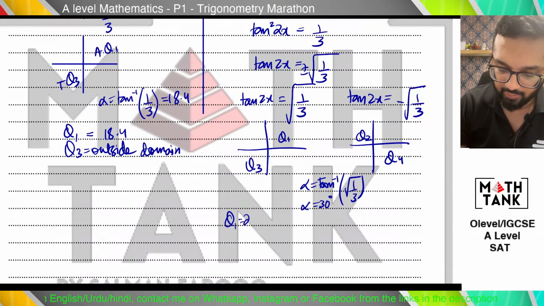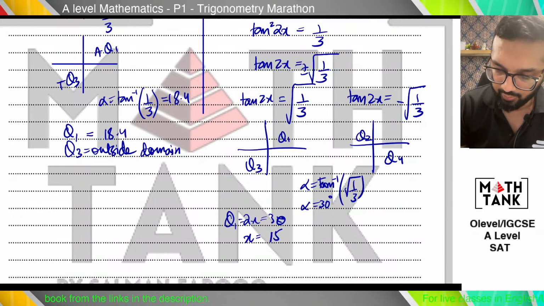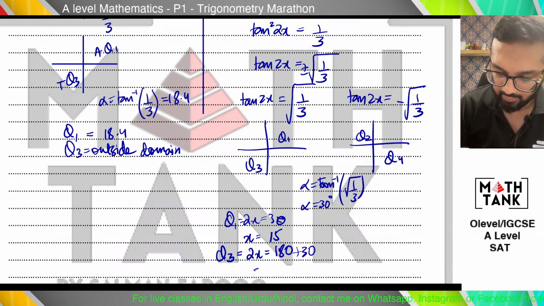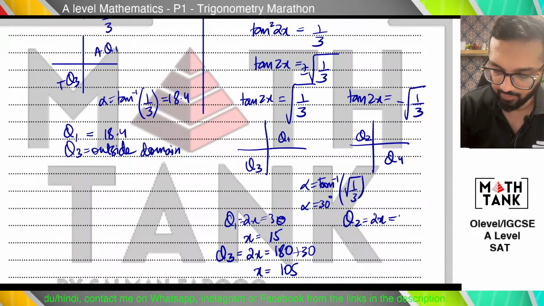Quadrant 1 is 2x equals 30, x equals 15. Quadrant 3 is 2x equals 180 plus 30. Quadrant 2 is 2x equals 180 minus 30.